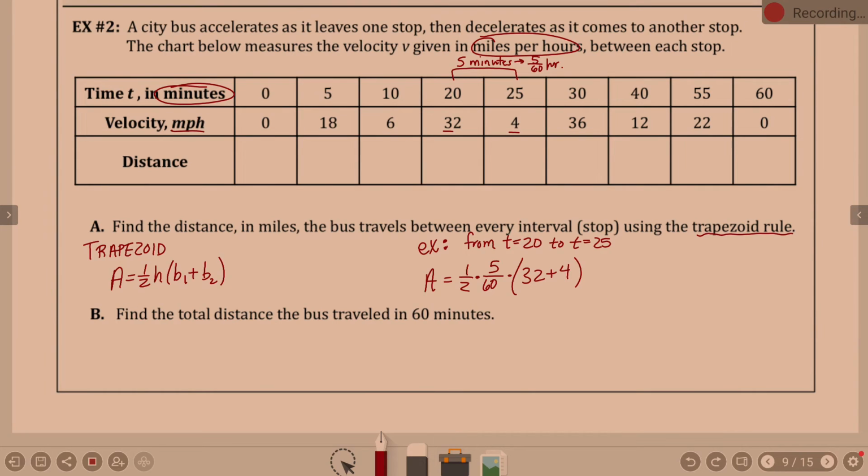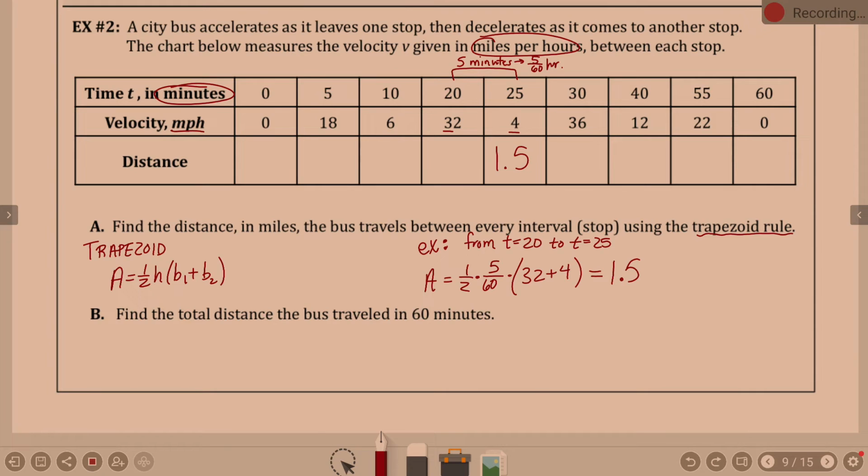And you get a nice, neat 1.5. Now, that's the interval from 20 to 25, which means in terms of distance, from 20 to 25, your distance is going to go over here at the right. I know I'm kind of jumping into the middle there.